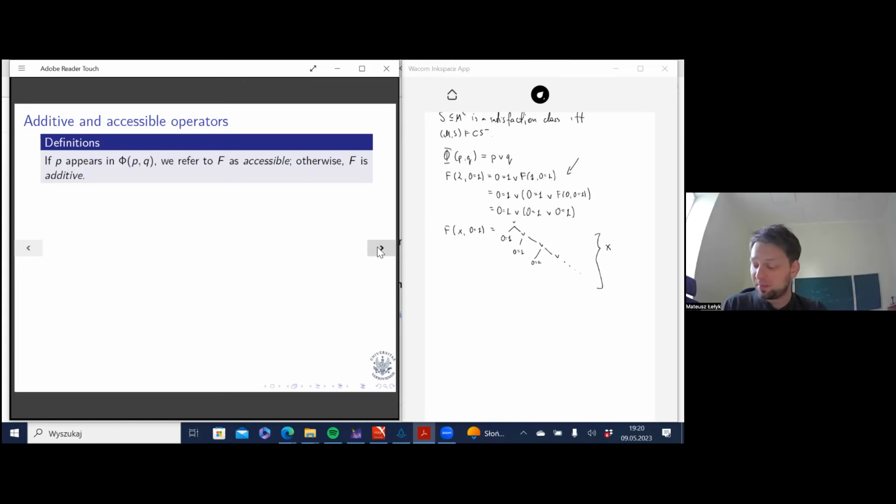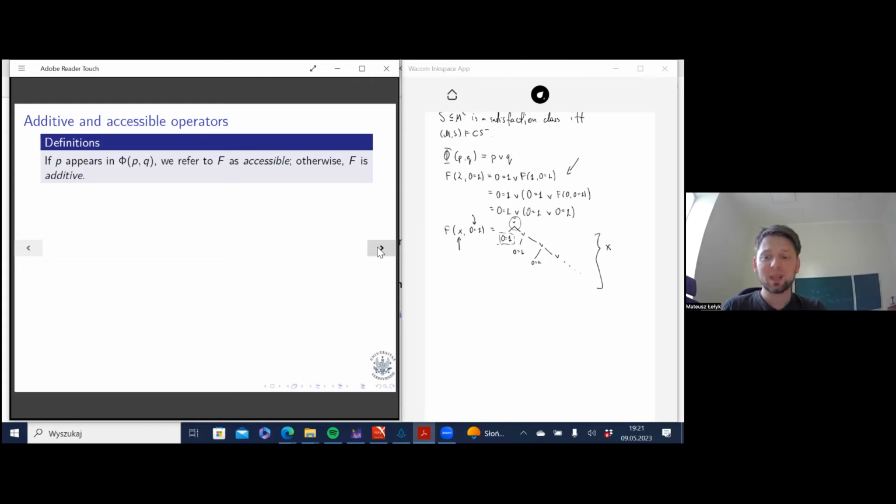Even though you can iterate adding this template phi many times, you'll always be able to see this formula close to the root of the syntactic tree of f of x of 0 equals 1.